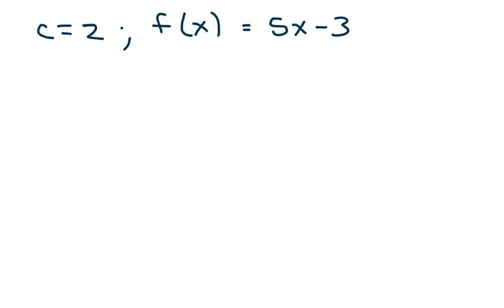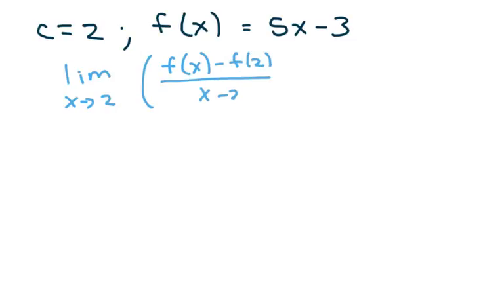So what we're going to do is take the limit as x approaches 2 of f of x minus f of 2 over x minus 2, which equals the limit as x approaches 2 of 5x minus 3, and then plug in the 2 here.